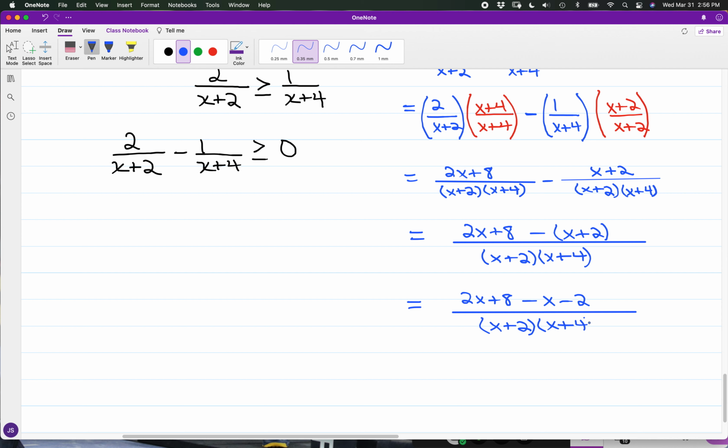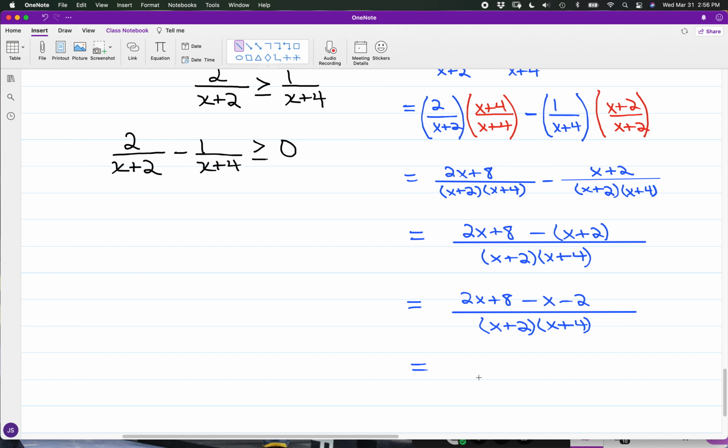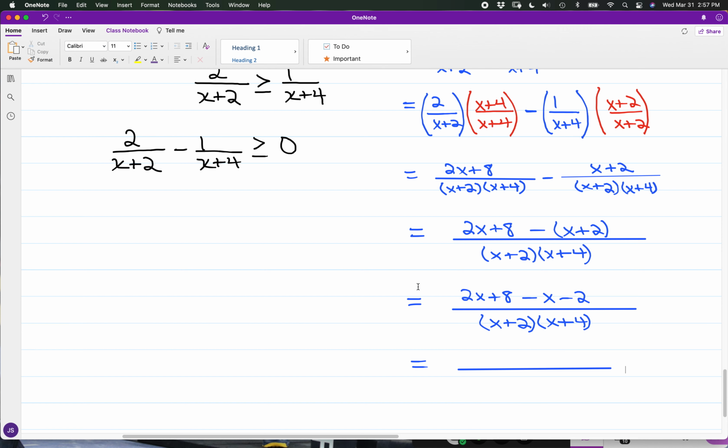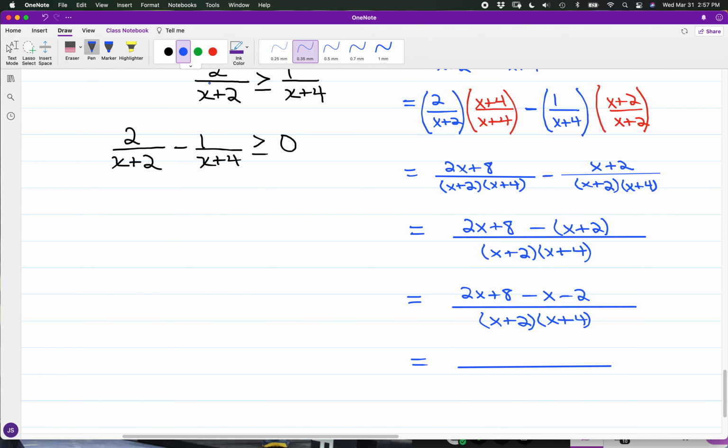And finally, as we combine the terms in the numerator, we have 2x minus x, so this will become x, and 8 minus 2 is 6. We have all over the product of x plus 2 and x plus 4.